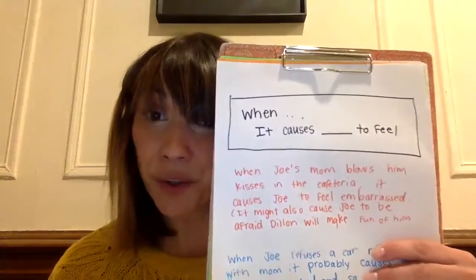It might also cause Joe to be afraid that if Jill and Sam Green were to see this, and he did, they would make fun of him. So did you see how I did that? I thought about two characters and a time in the story where their stories intersected. They were in the same place at the same time. And I thought, how does one character's actions affect how another character feels?